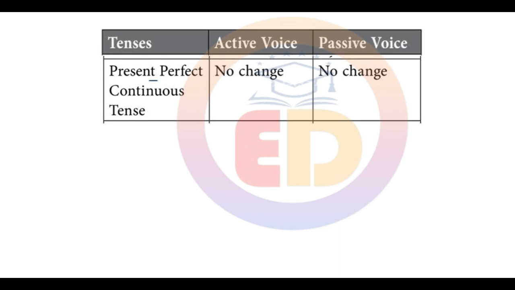Present perfect continuous tense. By the rule, in the present perfect continuous tense, the active voice and passive voice remain the same. There is no change in the active form to passive form in the present perfect continuous tense.